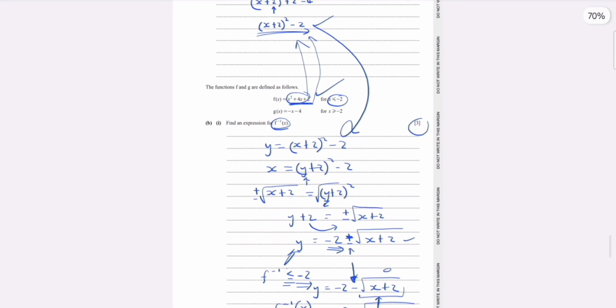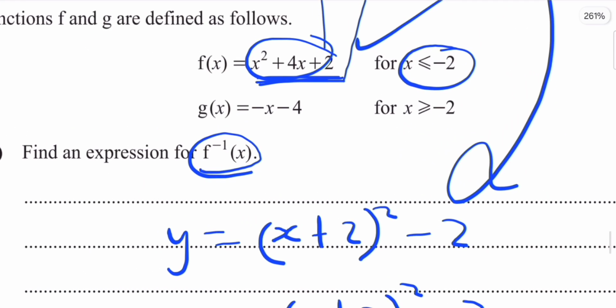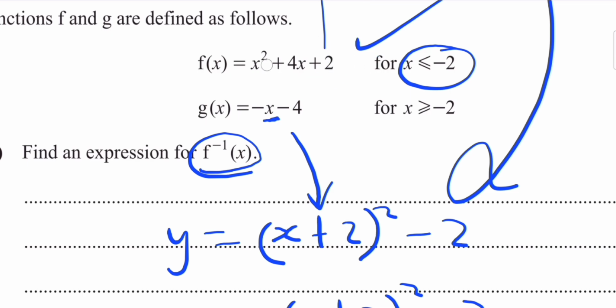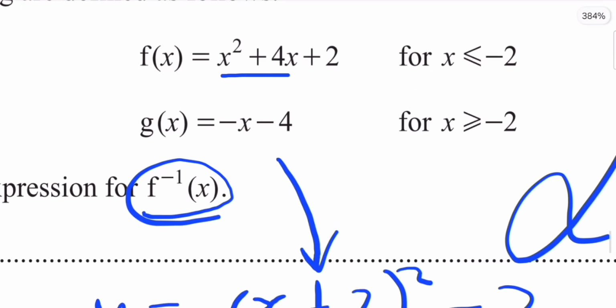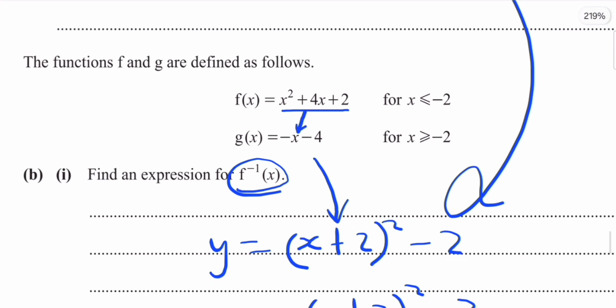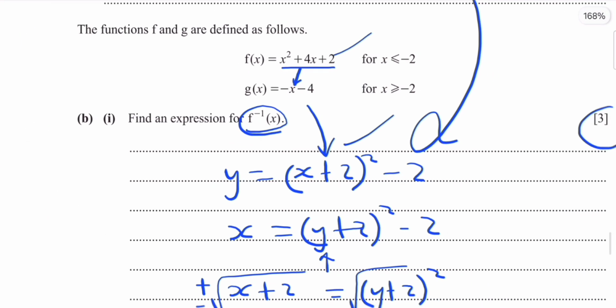So in g of x, we're going to put this whole thing here where we have x, but we'll be using this and not this, right? This whole thing is going to replace this, but we'll be using this form instead of this.